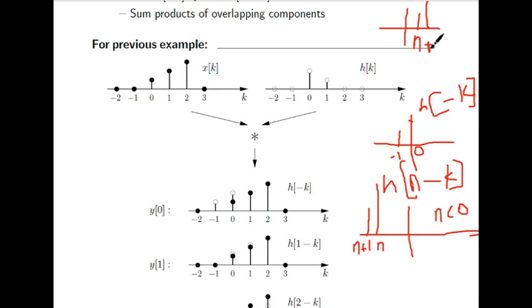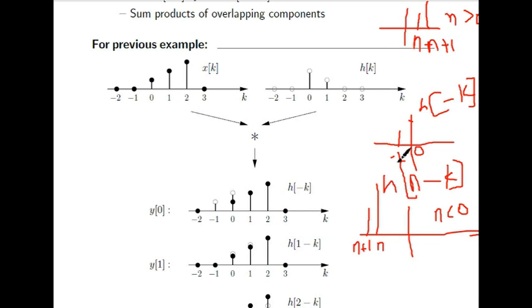Okay, so when I convolve these, what does the convolution mean? For n equals 0, this will become h of minus k only, and h of minus k has a value at minus 1 and at 0.